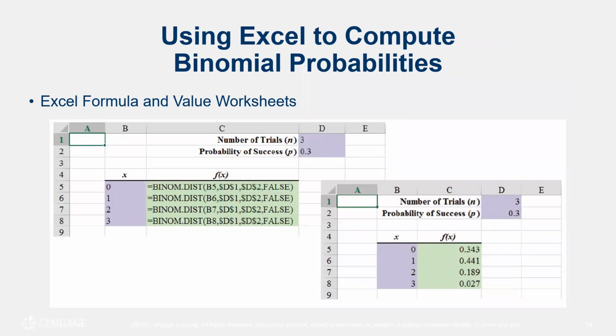All right, but we'll use this function, which is equals BINOM.DIST, and then we'll use the number of trials and the probability.